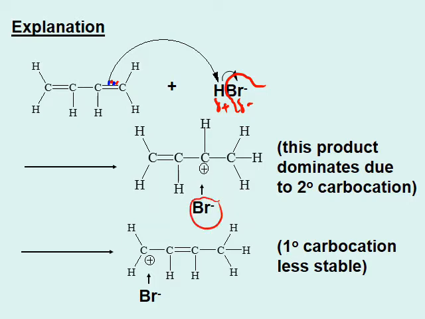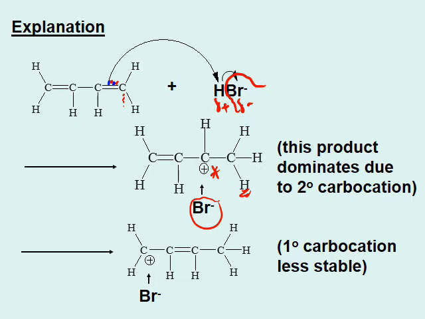But what happens is the following. When this carbon is bonded to hydrogen, as you see in here, there's a positive charge development here. And that's a carbocation. This is a 2-degree carbocation because this positively charged carbon is bonded to one carbon on the right side, another carbon on the left side.